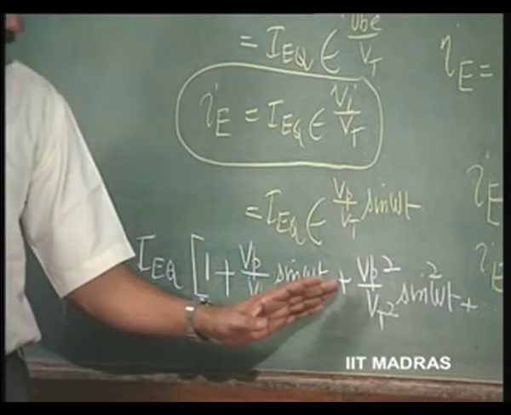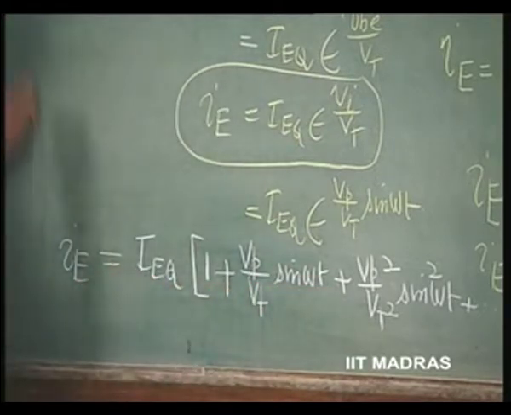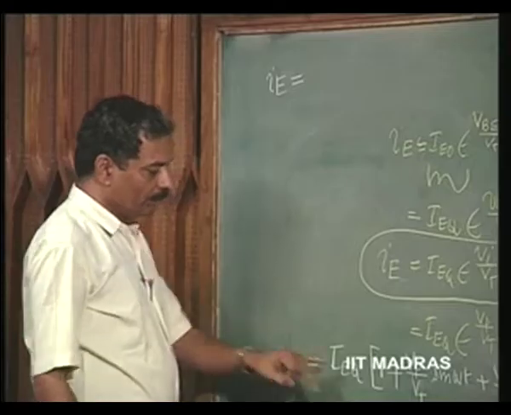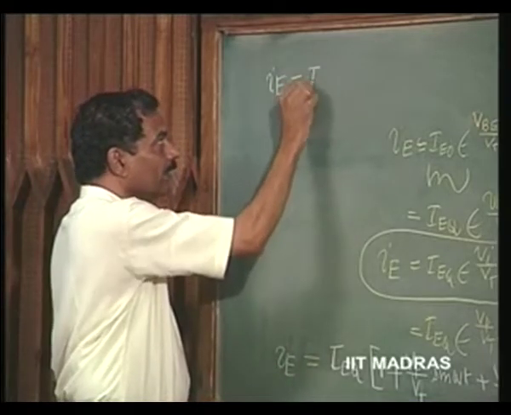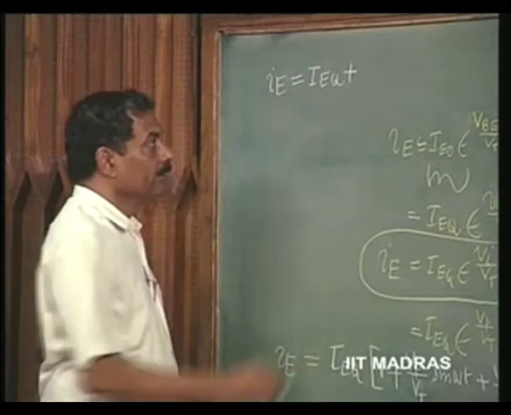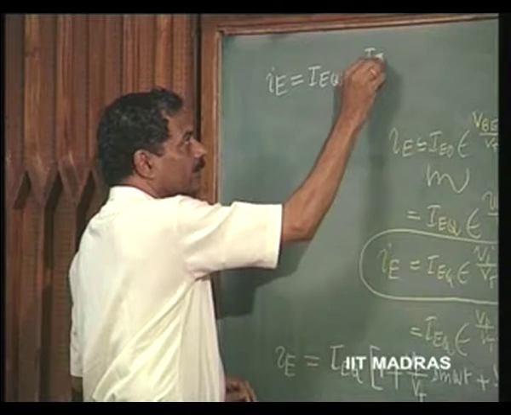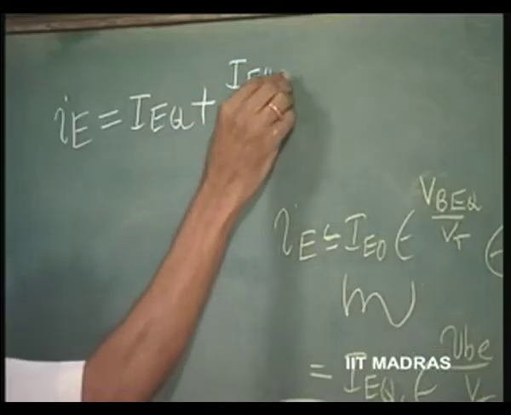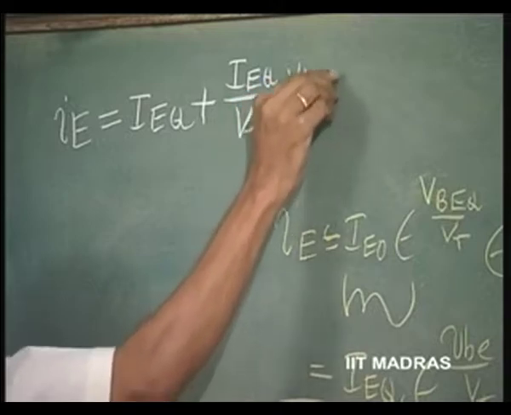Okay. So, there is IE, okay, superimposed over IEQ, okay, plus IEQ by Vt into Vp sin omega t.